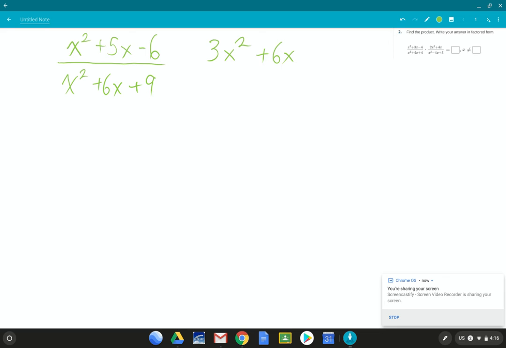And lastly, it's an x squared minus 5x. Oh, nope. Let's do 6x, I guess. Plus 5.